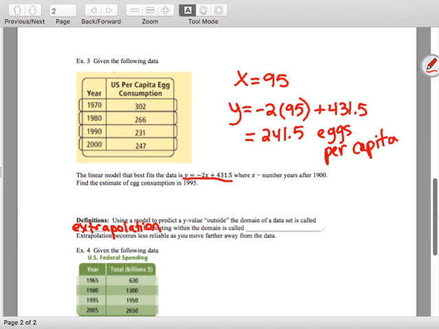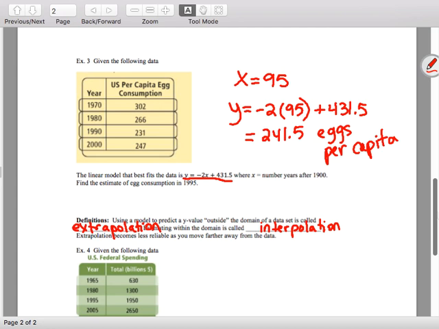So if you are taking your model and you have a table of values and you're now taking it beyond the collected values, domain are the collected x values, that's called extrapolation. If you use your model to predict an estimation within the domain, it's called interpolation. And it says extrapolation is really less reliable the further away you get from your data.